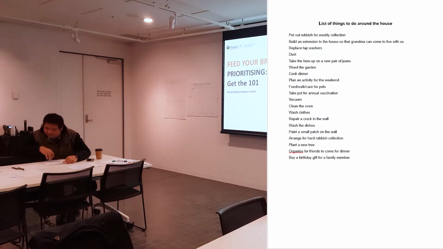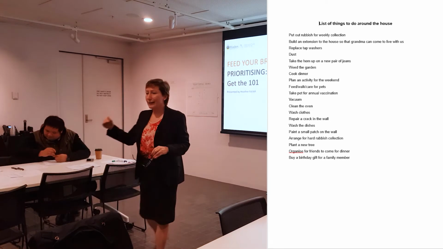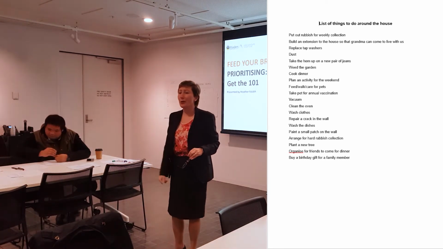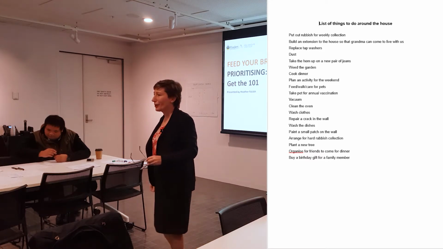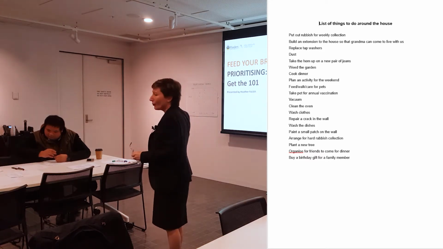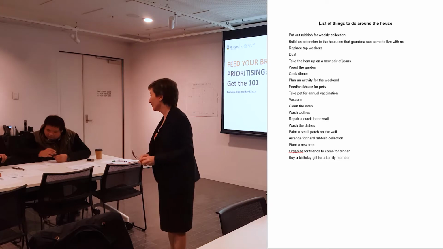I'm giving you a list of things to do around the house. And as a group at each table, I'm hoping you can work through that list and create your own prioritisation matrix and have a discussion about where you think some of those things fit in the quadrants on the matrix.